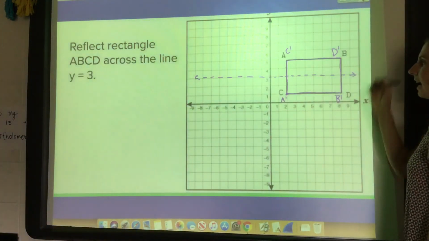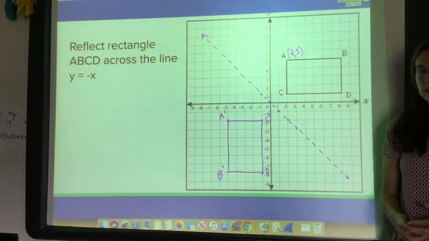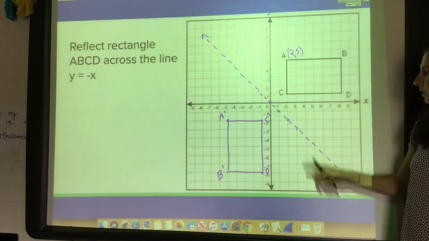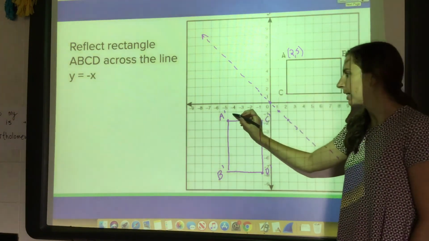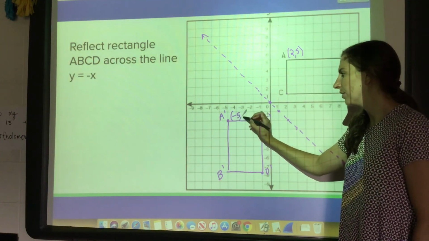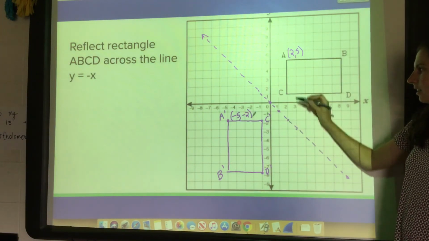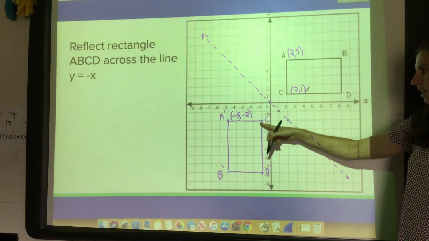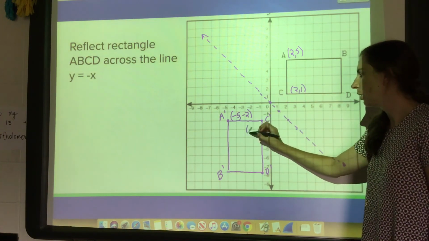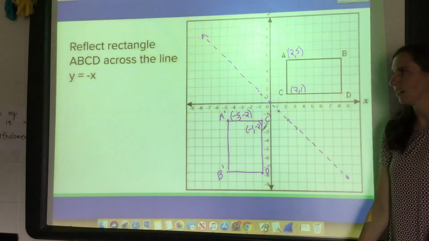And then for this last one, you may notice a connection between these points as well. Like we already mentioned, point A started at 2, 5, and it became -5, -2. Or point C was at 2, 1, and it became -1, -2. So what's happening here?